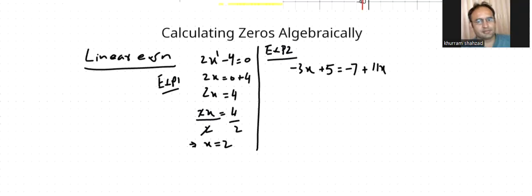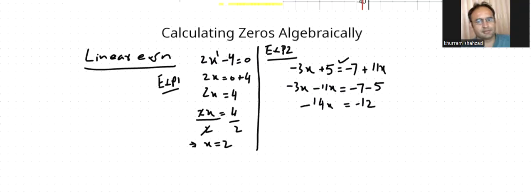So how can we do this? This is negative 3x and this is plus 11x. We will take it on the left side of this equal sign. Actually, we are trying to write the similar terms on one side of the equal sign. So this is negative 7 and then plus 5 will come on the right side. This is negative 5 on the right. So negative 14x is actually equal to negative 12.